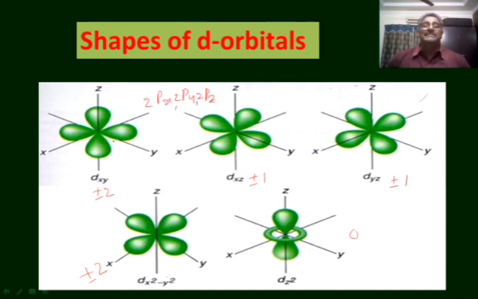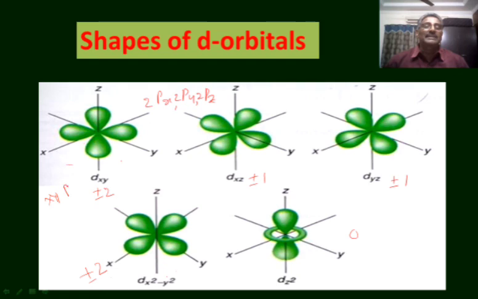What is the difference between the dxy, dyz, dzx, dx square minus y square and dz square orbitals? Each orbital is double dumbbell in shape except the dz square orbital. What is the difference between dxy and dx square minus y square?